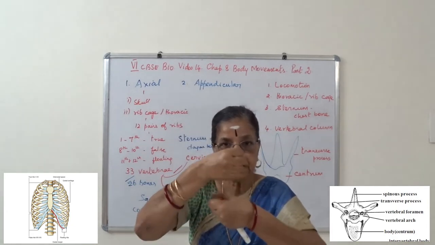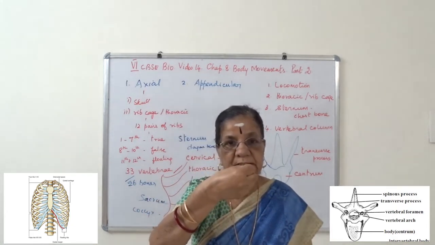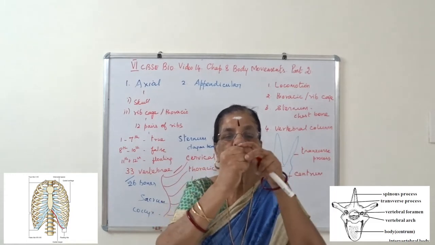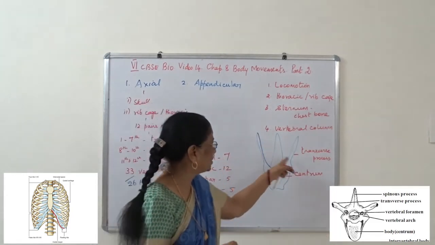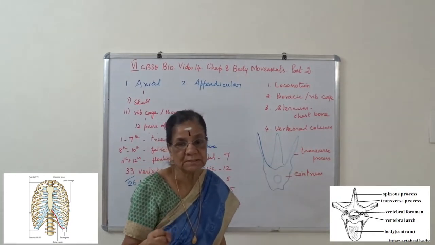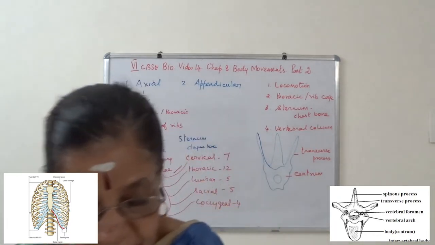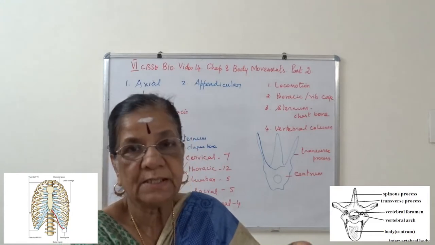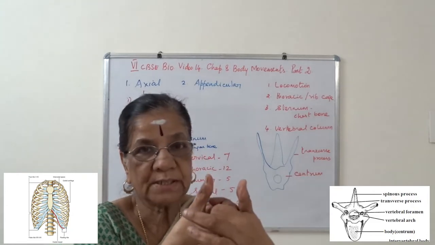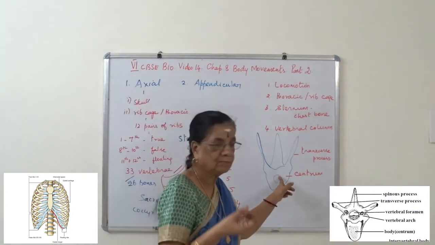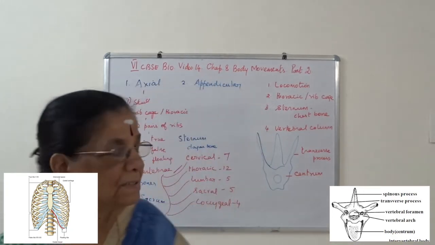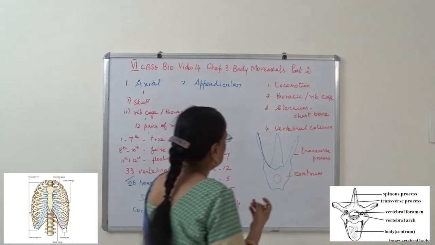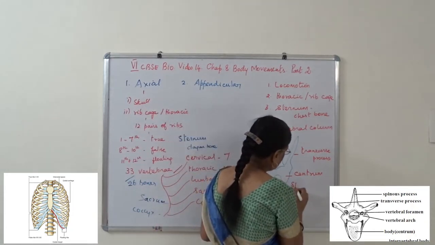What I am holding is the centrum, a solid centrum. This is the monoprojection. These 3 projections are transverse processes. So in the centrum, one above the other, there is a hole through which the spinal cord is passing.